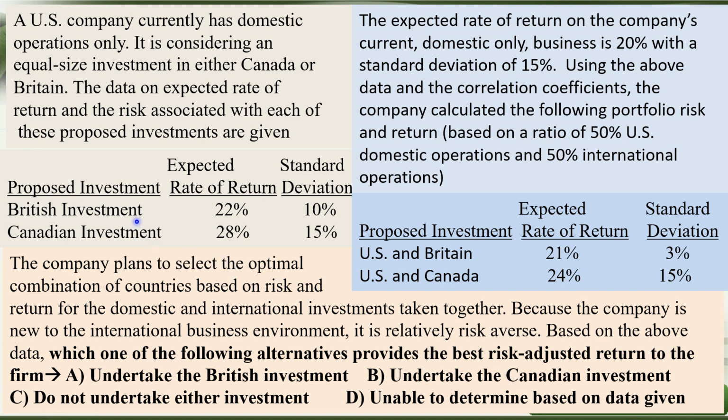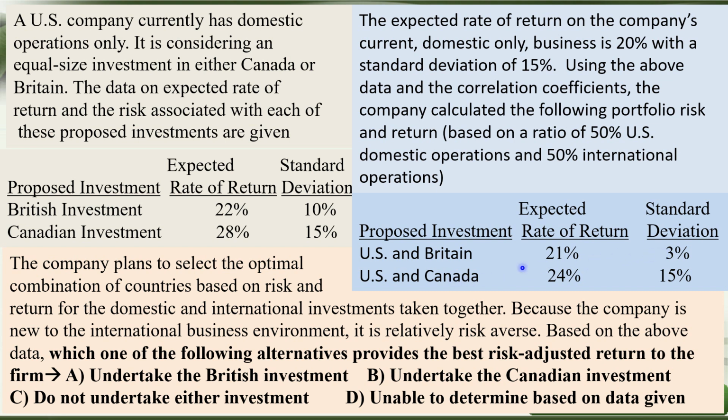If you go by this, for the Canadian investment the risk level is 15%, and in the domestic market only it is also 15%, so the risk level is the same. But if you notice, the lowest risk, the lowest standard deviation, is with the US and Britain. So that is the investment in Britain.